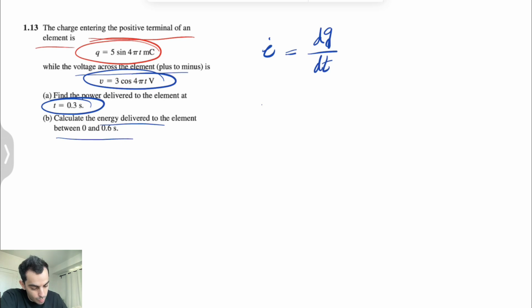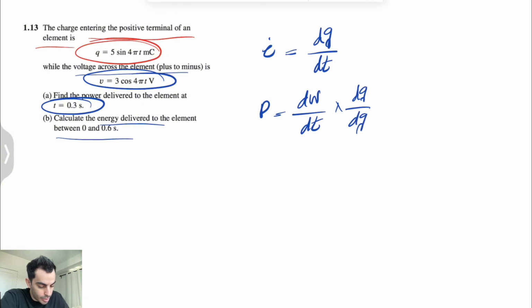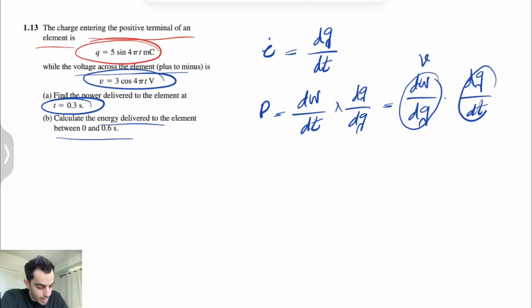And also the power would be the derivative of energy over time, which, if you just multiply this by dq over dq, we can write down as the derivative of energy with respect to charge times the derivative of charge with respect to time. And we know this is going to give us the voltage, and this is going to be our current. So we get to that famous formula of P is equal to VI, and that's what we need.